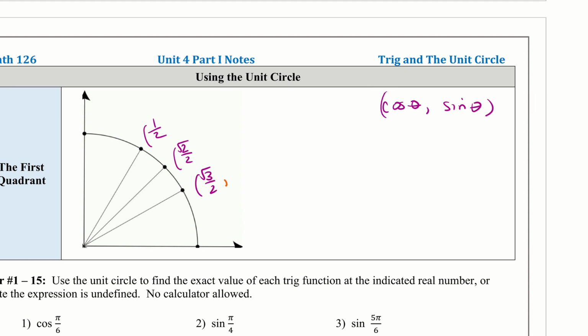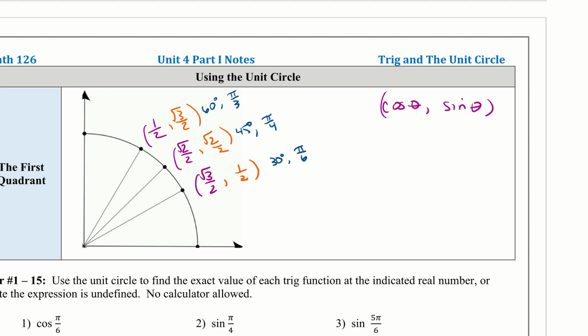For sine, we'll do 1, 2, and 3, all over 2, and all of them are square rooted. And then the angles would go 30 degrees, which is the same as pi over 6, 45 degrees, which is the same as pi over 4, and 60 degrees, which is the same as pi over 3.